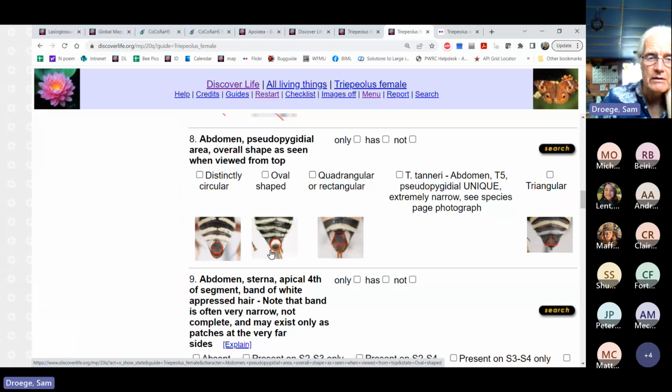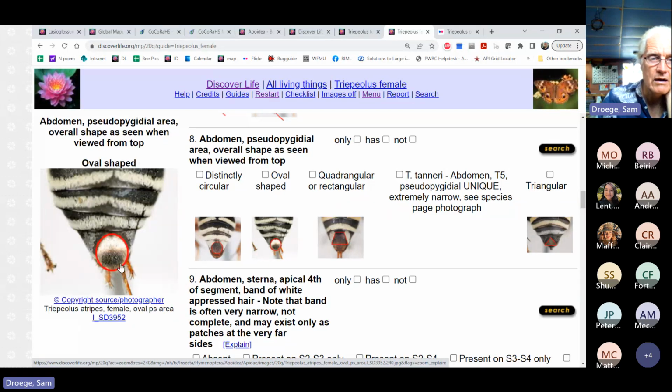But also an acknowledgement that sometimes you have white hairs up there, but these are modified hairs. This is the difficulty, that sometimes it's difficult to figure out where the pseudopygidial area starts and stops. But you're looking for something out of the norm for just integument, as you can see on either side here.